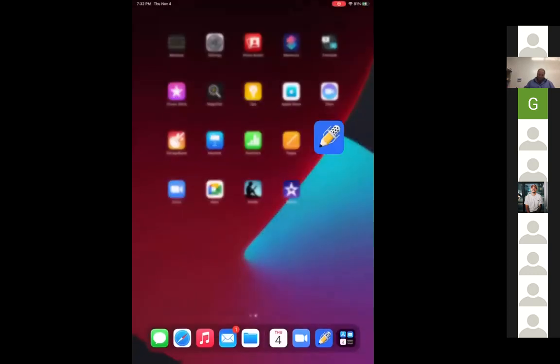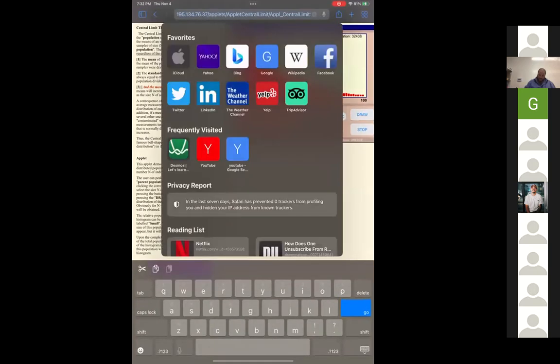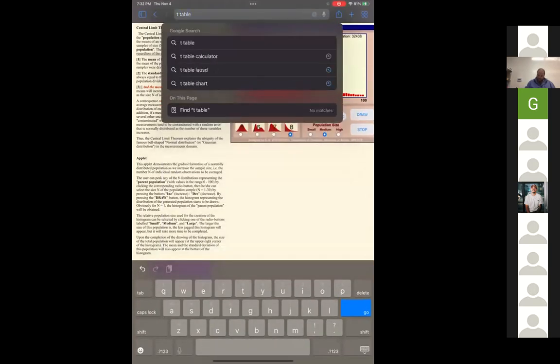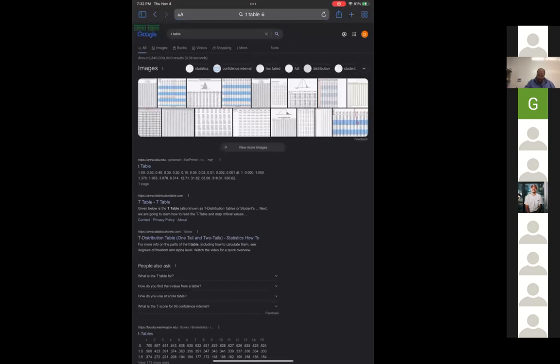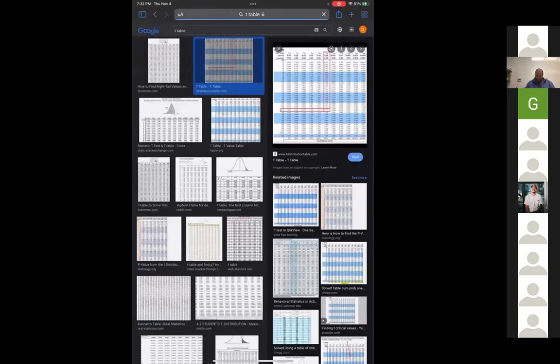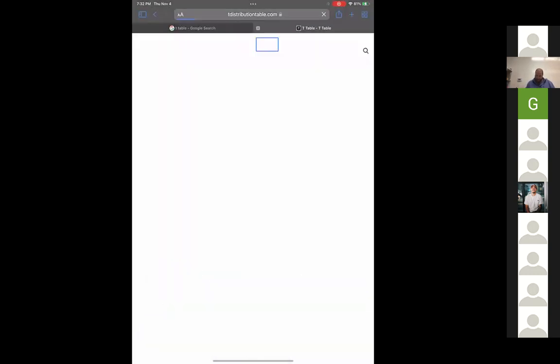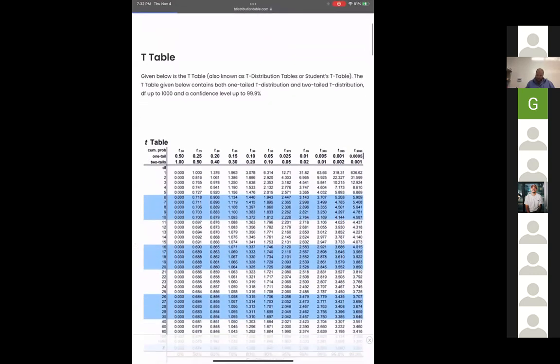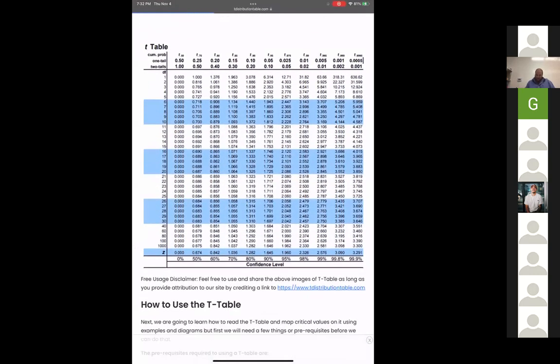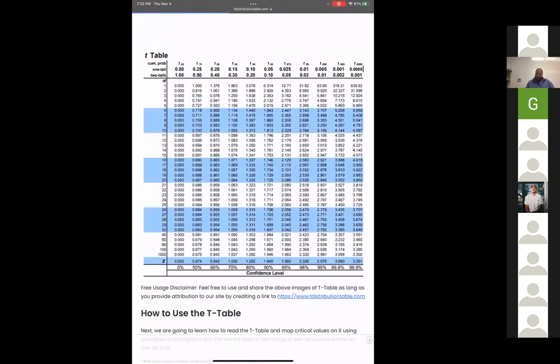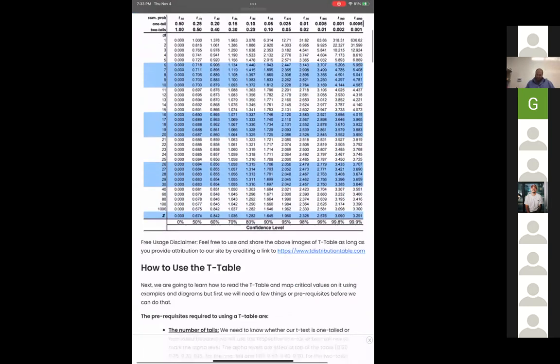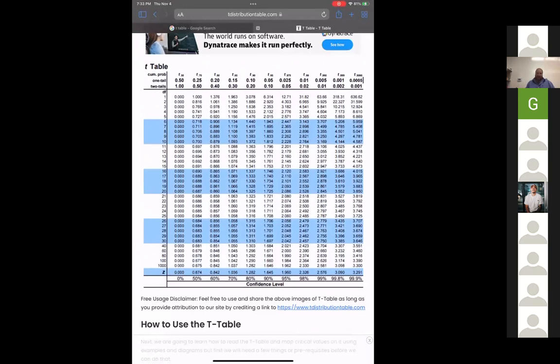So if I load up a T table, and you look at, for example, the 95% confidence level, you can see the confidence level on the bottom of the table. Do you all see the confidence level, 95%?